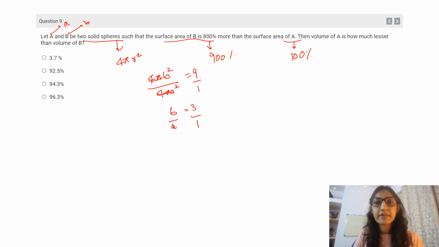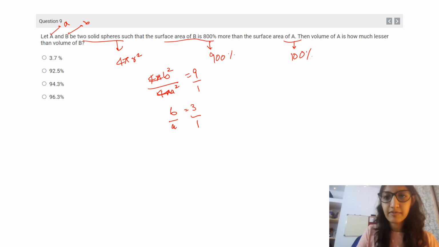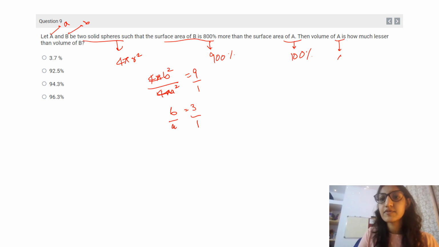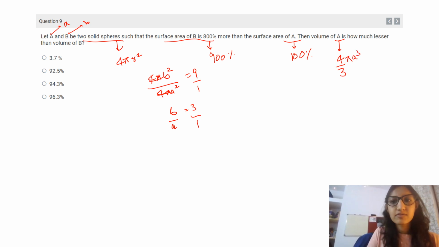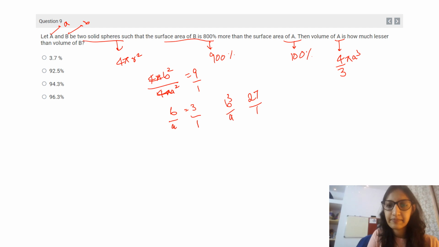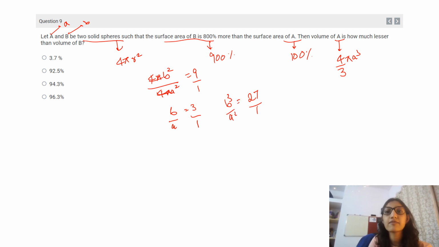Now, volume of A is how much lesser than volume of B? Volume is 4 by 3 pi r cube. So the ratio of volumes will be 27:1, that is B cube by A cube. Now we need to identify how much lesser volume of A is.